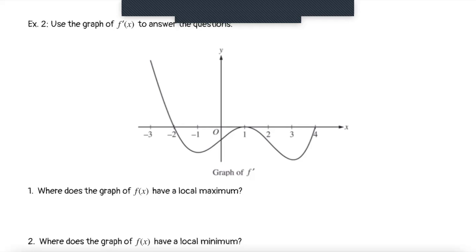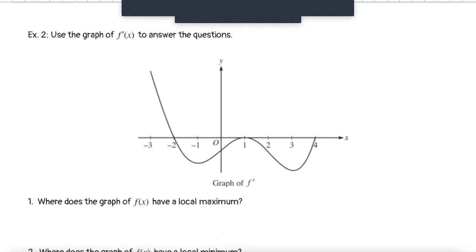All right, so let's go ahead and take a look at example 2. This says use the graph of f prime of x to answer the question. So they are in fact telling us that this is f prime. Now, if you are a person who likes to think in terms of position, velocity, and acceleration, this would be the same as a graph of what?